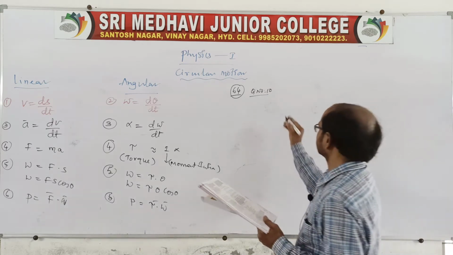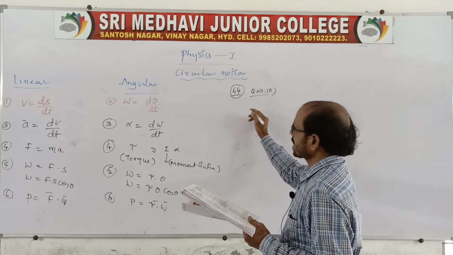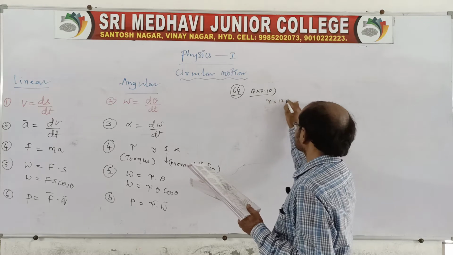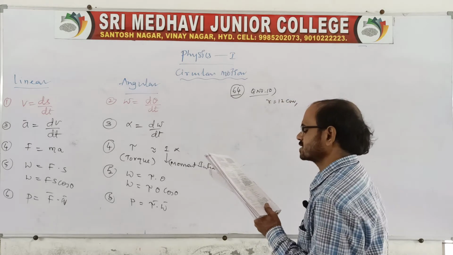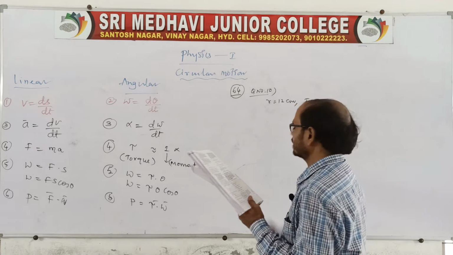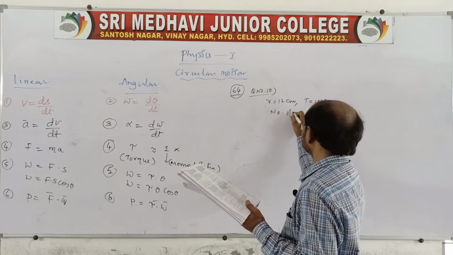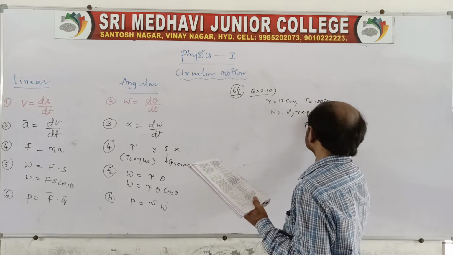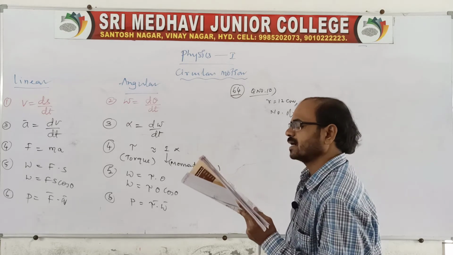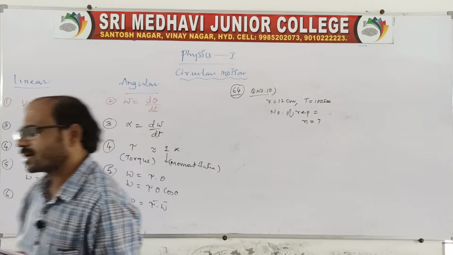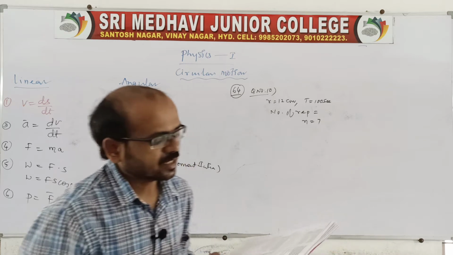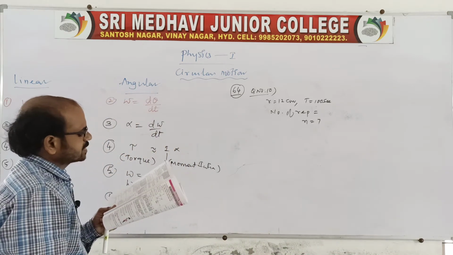So the radius is given, r is equal to 12 centimeter, as well as the time period of 100 seconds, and the number of revolutions, n is equal to 7, is given. It is asking: find the angular speed and the linear speed of motion, and the acceleration vector at constant speed, what is its magnitude.